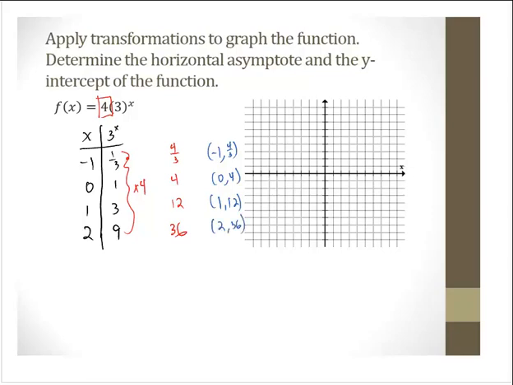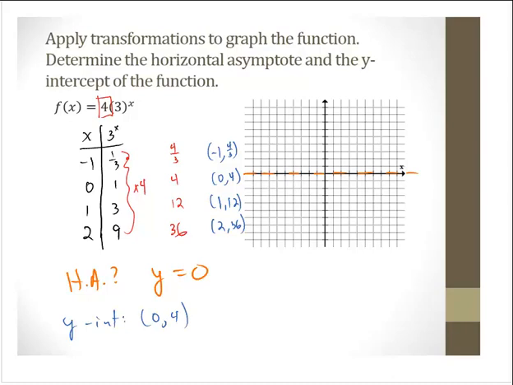Where's my horizontal asymptote? Well, it hasn't been shifted, right? There's been no shifts up or down, so the horizontal asymptote is still on the x-axis, y equals 0. We have the y-intercept, 0, 4. And let's plot points.